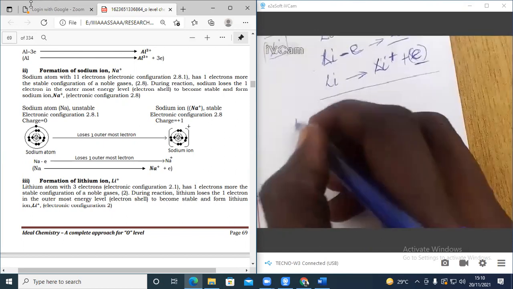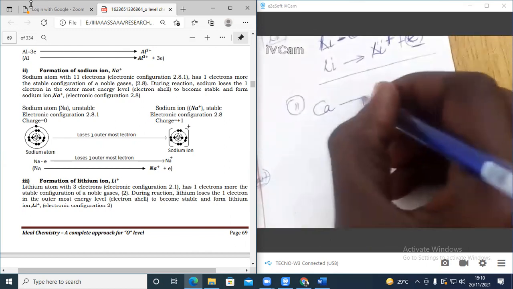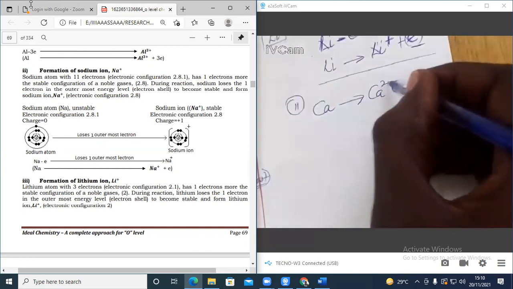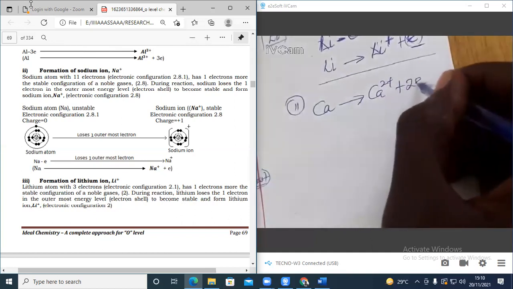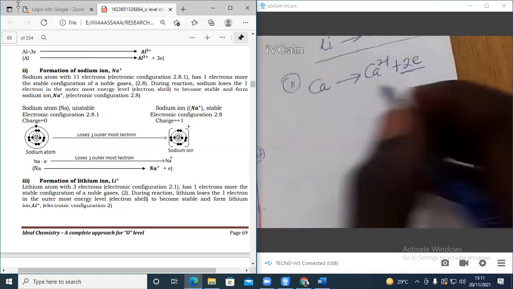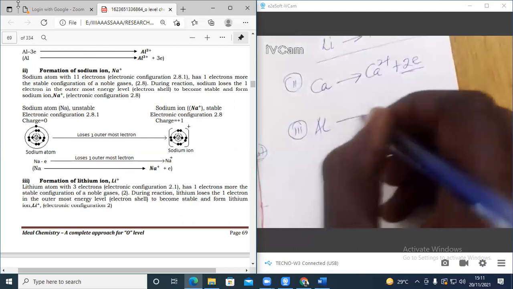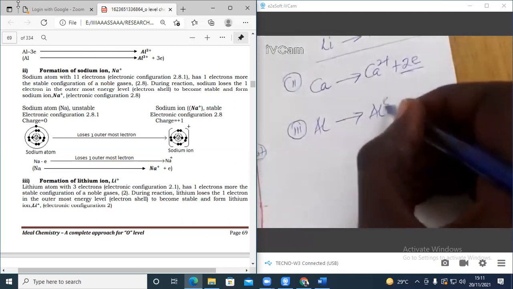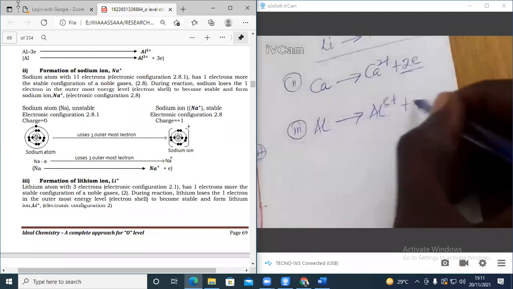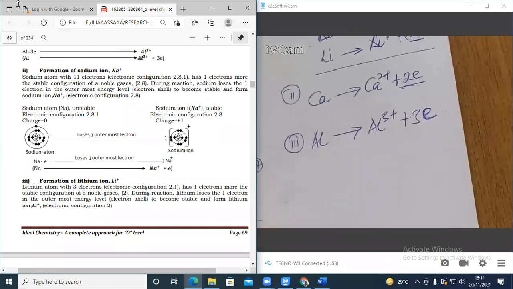They lose 2 electrons. An example is calcium. When it loses electrons, it becomes calcium 2 plus and then the 2 electrons. Then aluminium in group 3 becomes aluminium 3 plus, with the 3 electrons. Is that clear?